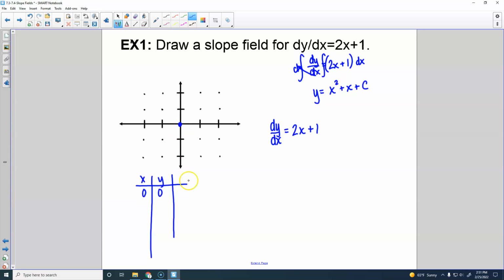I'm looking at this point right here. So dy over dx, you're just plugging into this equation. It would be 2 times 0 plus 1, which would give us 1. So you are going to draw a tiny little slope that looks like it has a slope of 1.